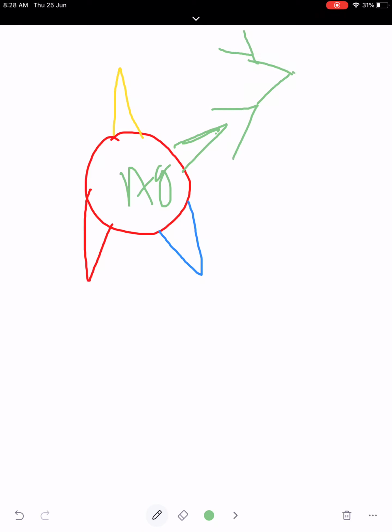This can bind with this one. And if this is the specificity, I can say that the antigen is multivalent with multiple determinants or epitopes. So this is known as the epitope.